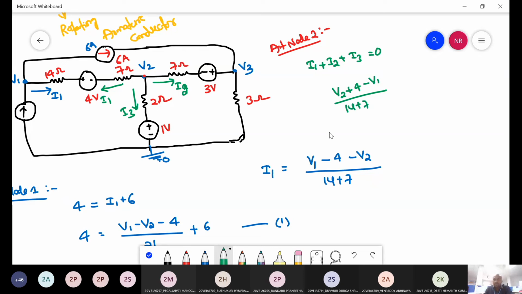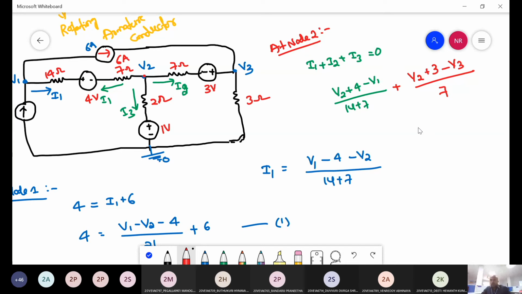That is I1. Then I2 is equal to V2, here again plus 3 volts minus V3 by what is the resistor here? 7 ohms.